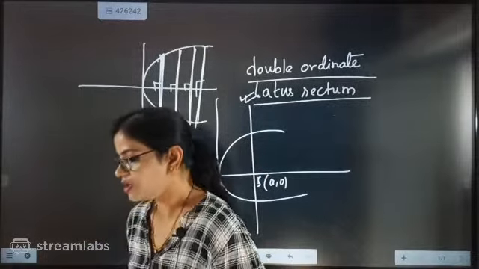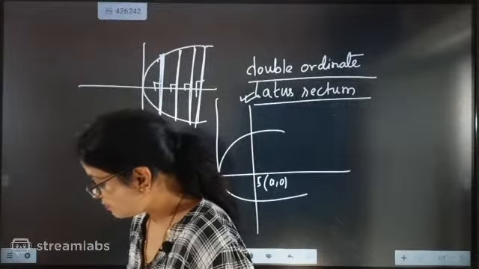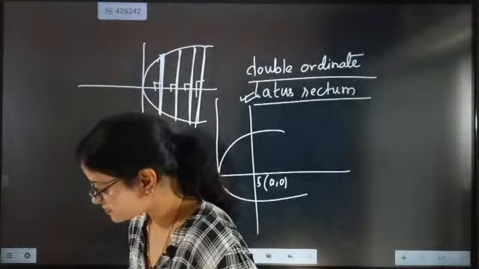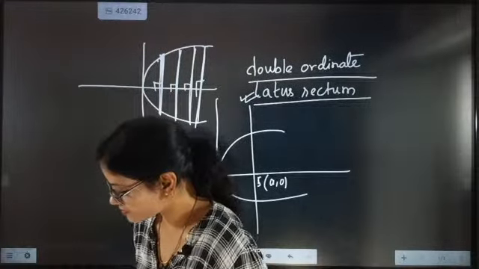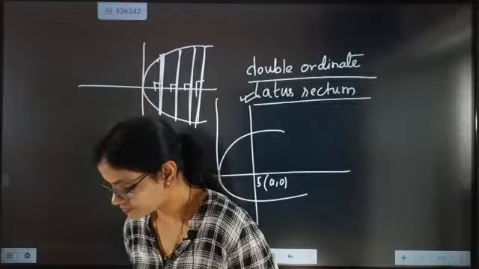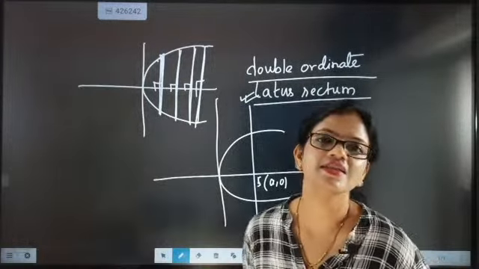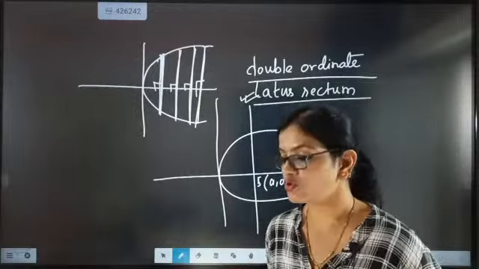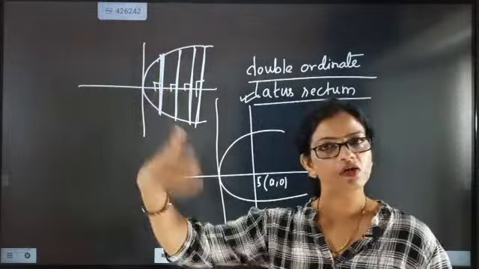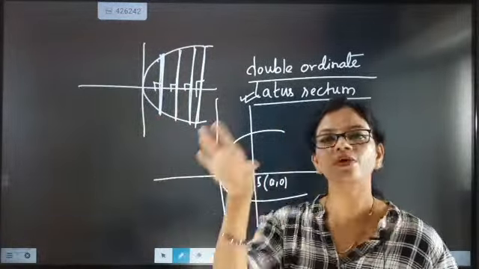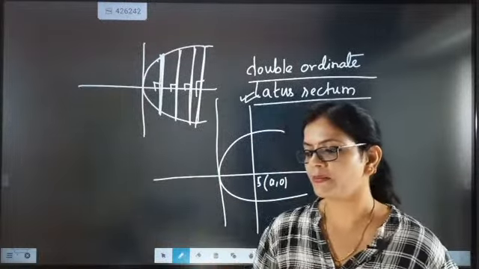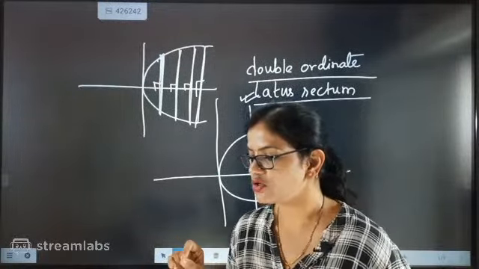Understood till this point? So we can say that the latus rectum is the chord of the parabola which passes through the focus. Double ordinates are chords, but the latus rectum is special. Understood, Pooja?